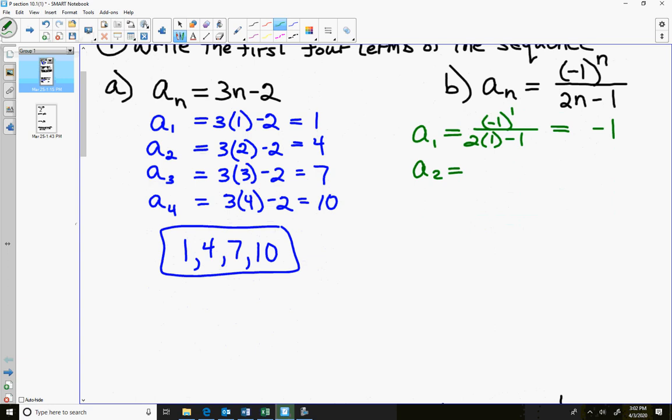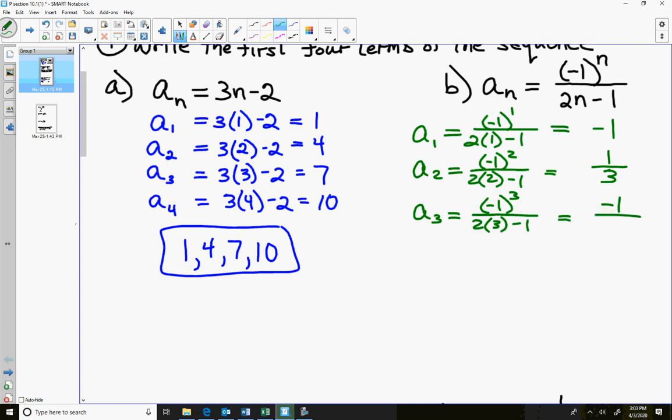Second term, everywhere you have an n, plug in a 2. I'll have a positive 1 over 3. Third term, everywhere we have an n, plug in a 3. And we get negative 1/5.